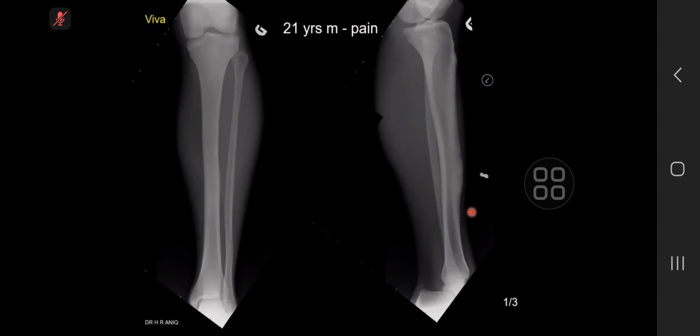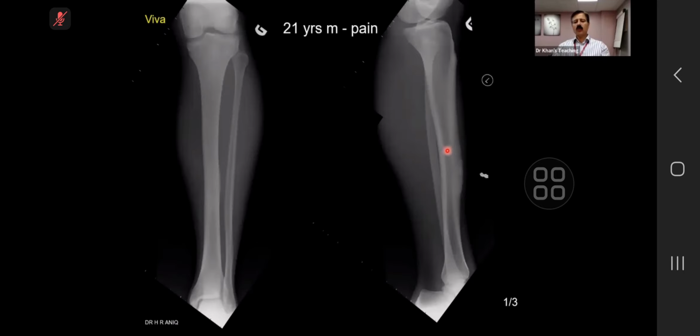On the lateral view, that looks like there's some more high density areas, possibly some lamellated periosteal reaction. Okay, so this is what we call the solid periosteal reaction, right? You remember I showed you a few examples, and this is known as a solid periosteal reaction.